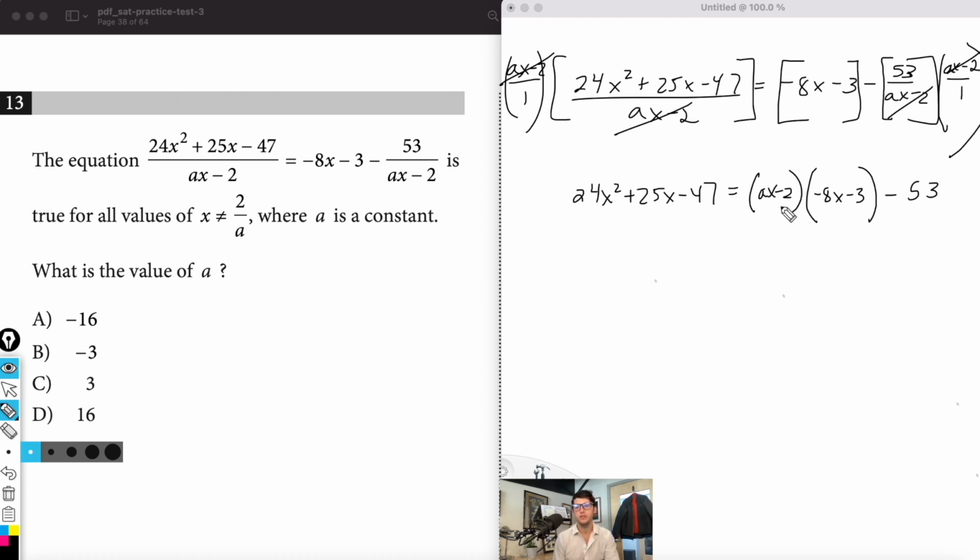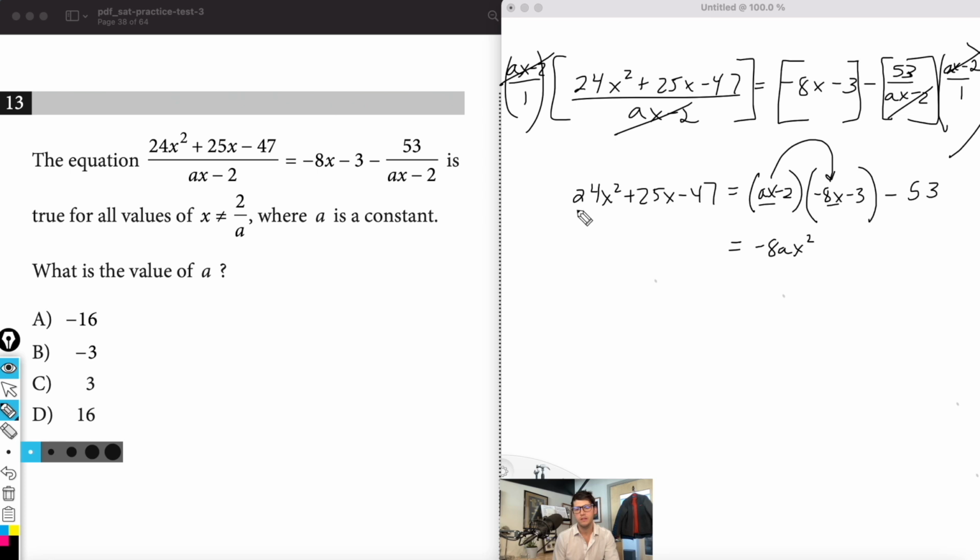So look, here's the thing. You could FOIL all this out, and that's totally fine. But only parts of it are essential. So the first term of FOILing, first term times first term, would be negative 8ax squared.